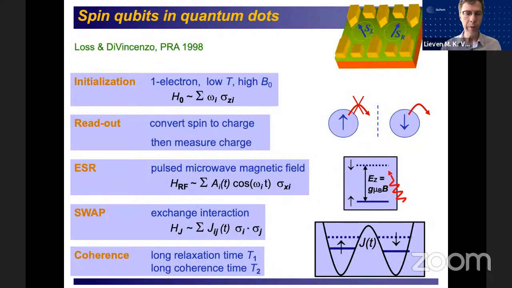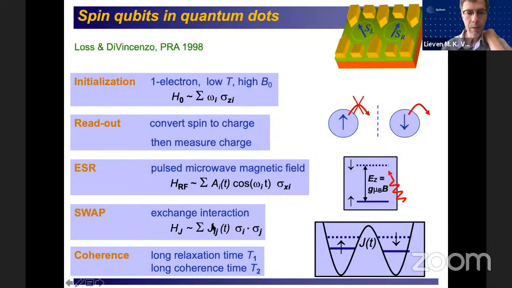So what we've covered now is how to initialize, usually by spin selective tunneling, and how to read out by making the spin move to another dot or to a reservoir or not, depending on the spin state, and then recording the charge occupation using the charge sensor. We've seen how to rotate individual spins by applying oscillating magnetic fields or oscillating electric fields that then effectively still produce an oscillating magnetic field, so magnetic resonance.